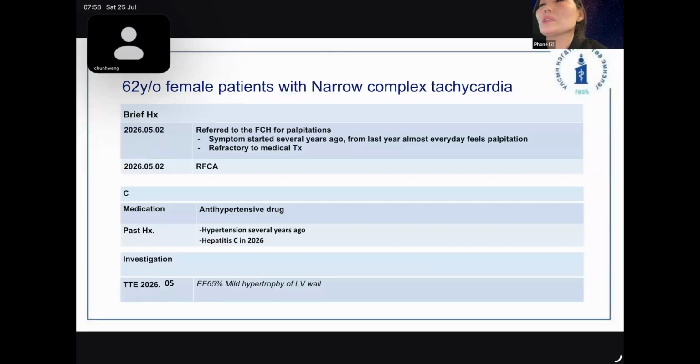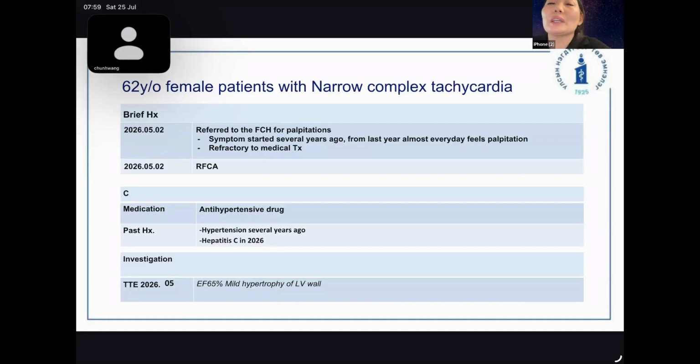From last year, she felt palpitation several times a day. The tachycardia was refractory to medical therapy. When she first came to the emergency department, she was diagnosed with acute hepatitis C. So at that time we just stopped the tachycardia, and the other tachycardia treatment was postponed until the acute hepatitis was completely treated.